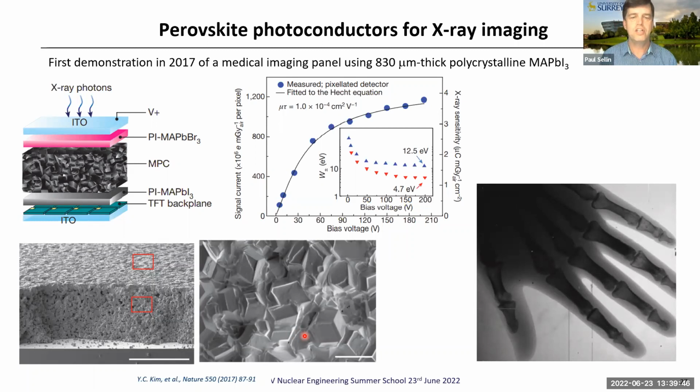It turns out that this material is extremely tolerant to the grain boundaries and the defects introduced in polycrystalline material. And this report by a group from South Korea produced some really nice, fairly high quality X-ray images using this polycrystalline MA lead iodide.